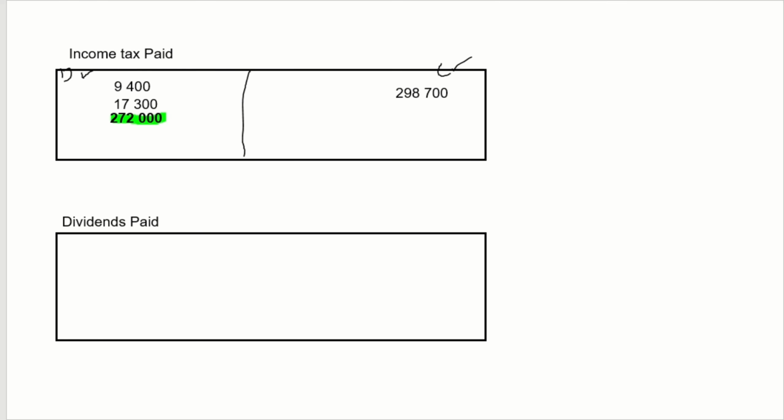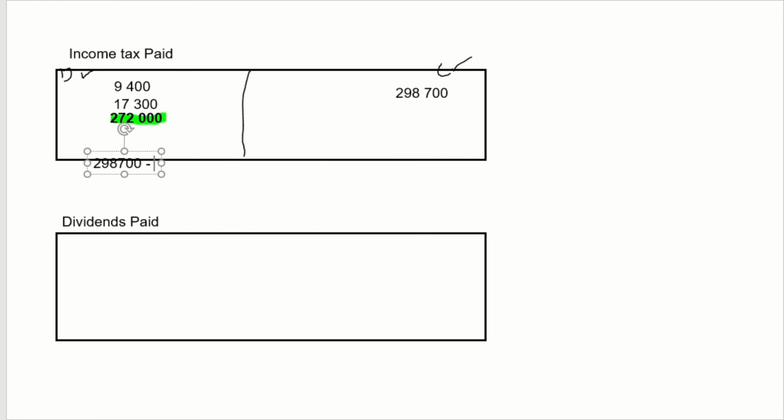There's always that one person who's going to say, how do you write it in a straight line if they gave you a very short space? So if they actually do give you a very short space, let me show you how you're going to write it underneath this. My advice, you do the T account separately on a separate page, then you come back here to say 298,700 rands.